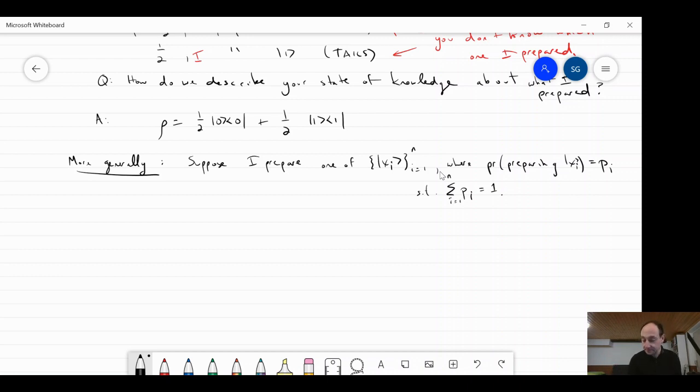It's a distribution. More generally, we can play this experiment, and then the density operator that describes your state of knowledge, if you don't know which i I chose at random, is rho, the sum over i equal to 1 up to n of p i times psi i, with the probability distribution in front. That's a density operator.